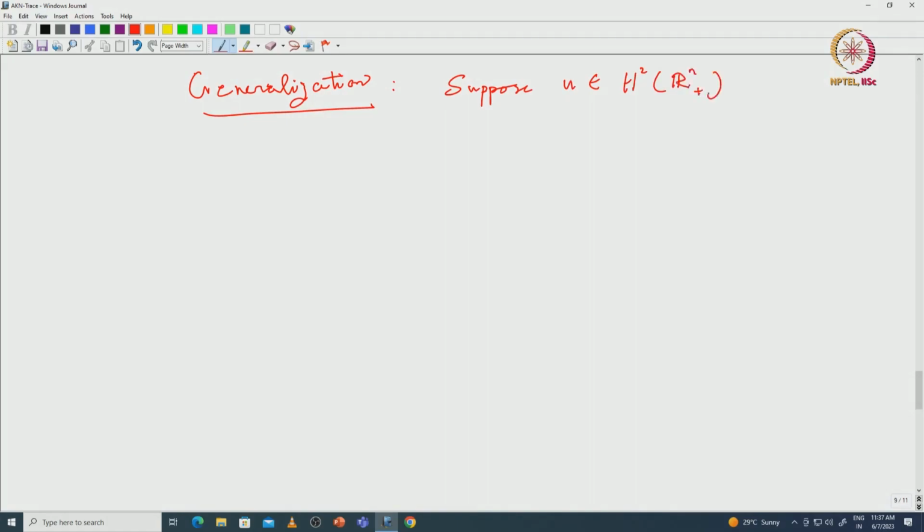Then of course that implies U is in H1 and gamma naught of U is defined. But for any variable, for example dn of u, that is in H1 again because u is in H2.